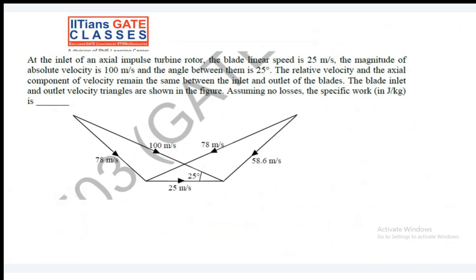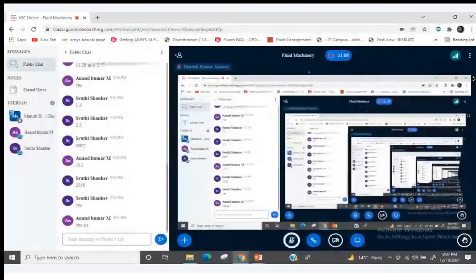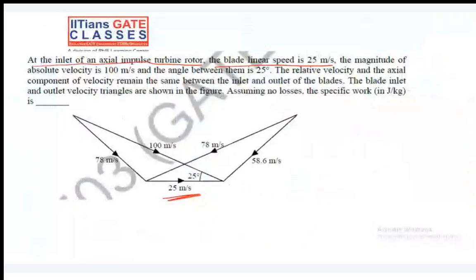It says that at the inlet of an axial impulse turbine rotor, the blade linear speed is 25 meter per second. So blade linear velocity 25 meter per second is given.